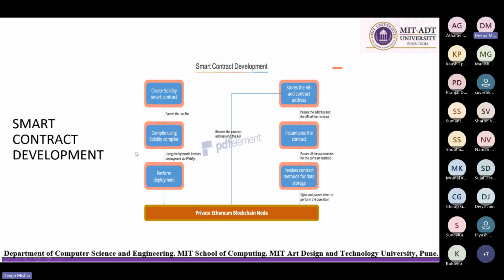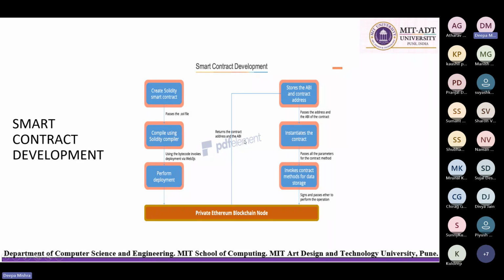So this is the overall smart contract development life cycle, which starts with writing your Solidity smart contract, then compiling it. Once it is compiled, you deploy it onto the blockchain network. Once it is deployed, the contract gets an address and an ABI code.